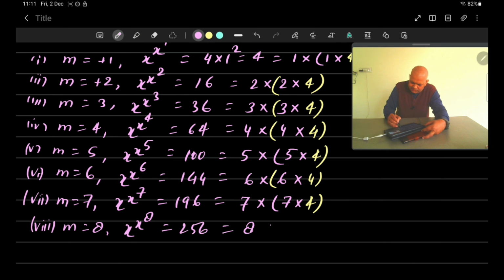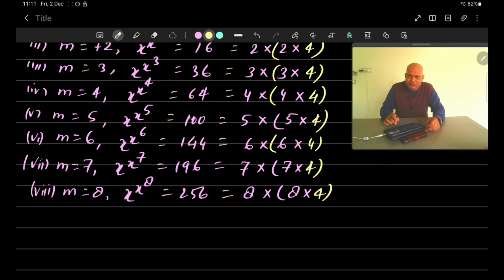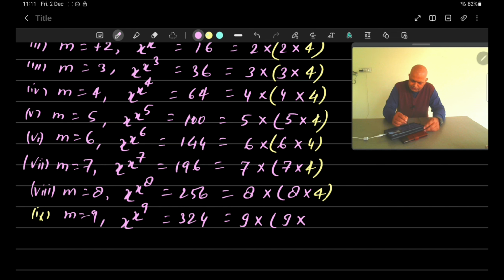And you can write this as 8 times 4. Okay? So, you have already seen all the 8 questions. Now, question number 9. m equals 9, the question will become x to the power 9, and that will become 324, and you can write here 9 times 4.